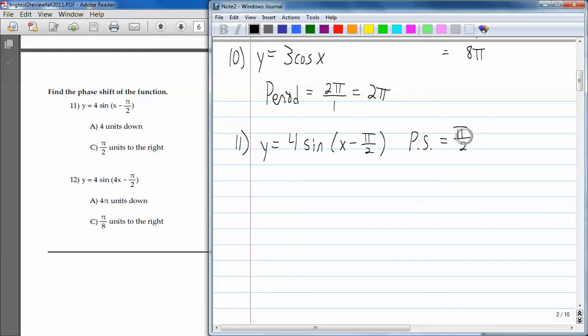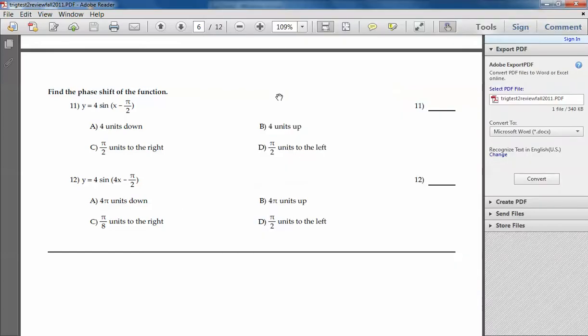Now positive pi over 2, if you're talking about on the x-axis, that's what we're starting on. Usually we start at 0, but a phase shift of positive pi over 2 means that we're going to start pi over 2 units to the right of 0. So if we look at our choices here, pi over 2 units to the right, that's the phase shift.